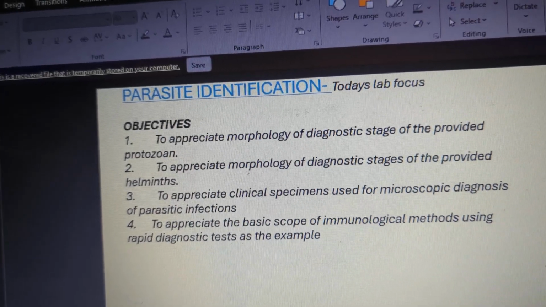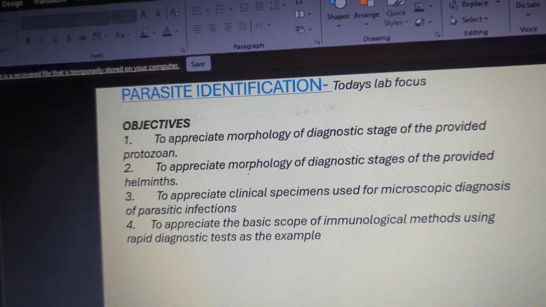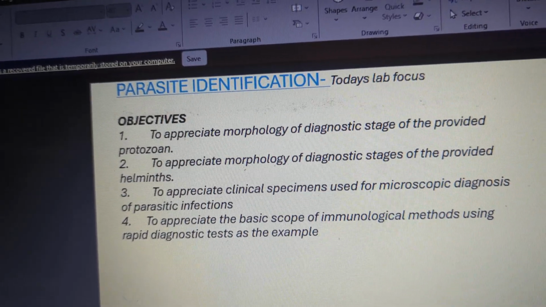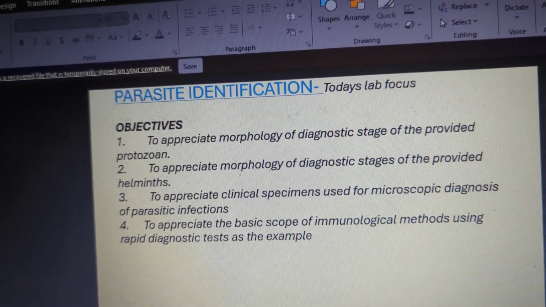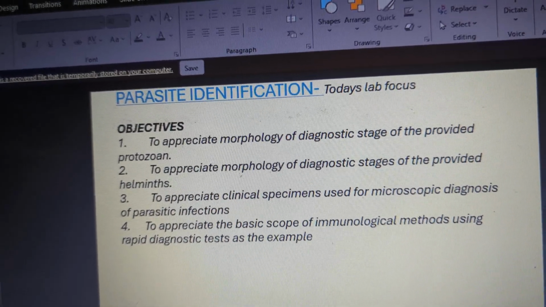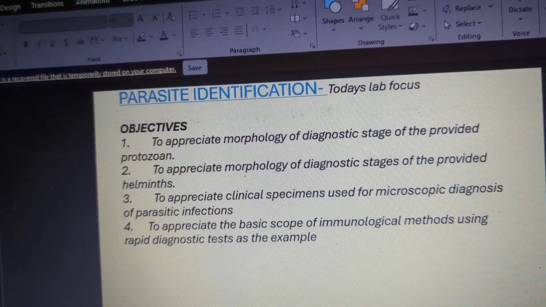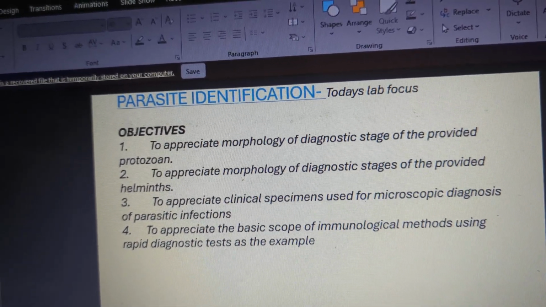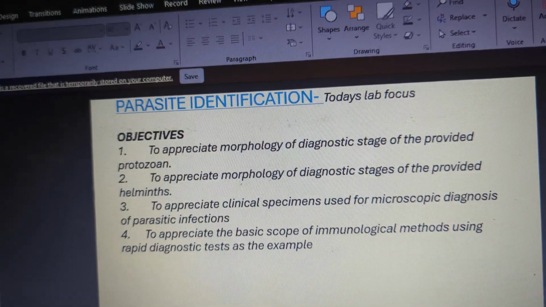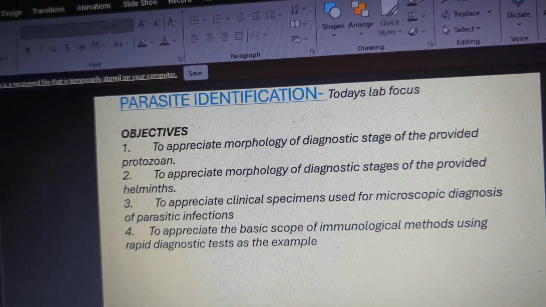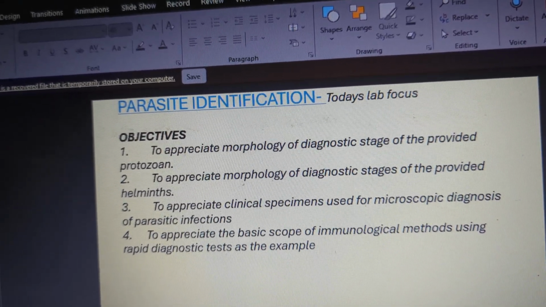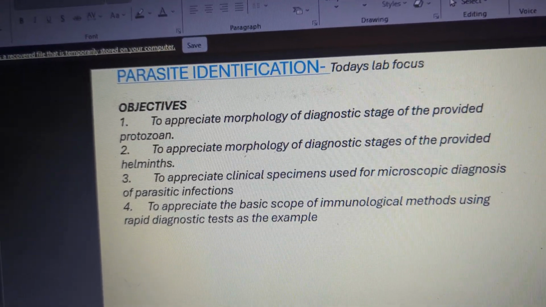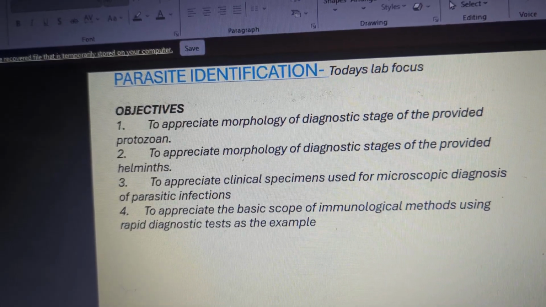So the microscopy we will use to appreciate the morphological stages that are detected in these specimens, and then also an emphasis on the clinical specimens that are used for these kinds of investigations, where we're looking for particular morphological stages of the parasite of interest. And finally, the fourth objective there, to appreciate the basic scope of immunological methods using rapid diagnostic tests as an example.